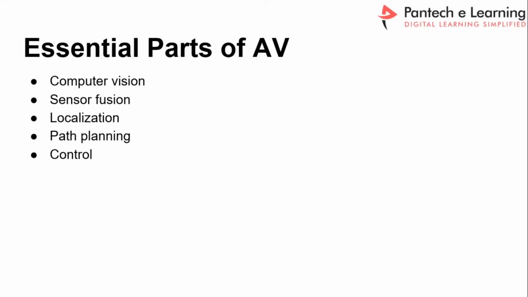And localization. Localization is nothing but knowing what objects and what lanes are available at the position of the vehicle. That's called localization. For that, radar sensors are required, and GPS sensors or LiDAR sensors are also required. And path planning.